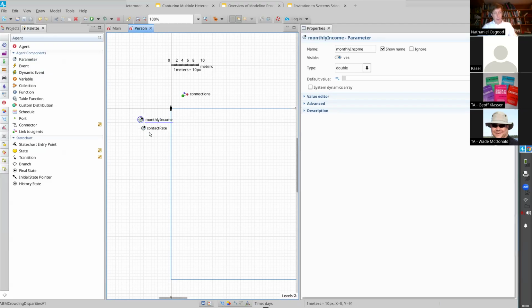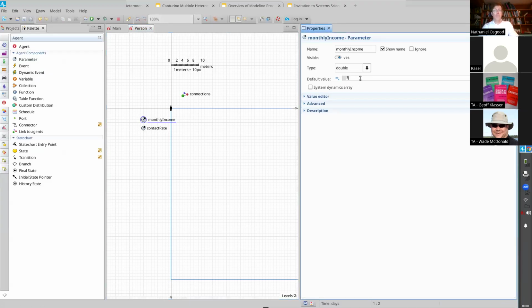Both those are double. The monthly income, I'm going to give a default value of, sure, $1,000 per month. That's pretty low, I know.